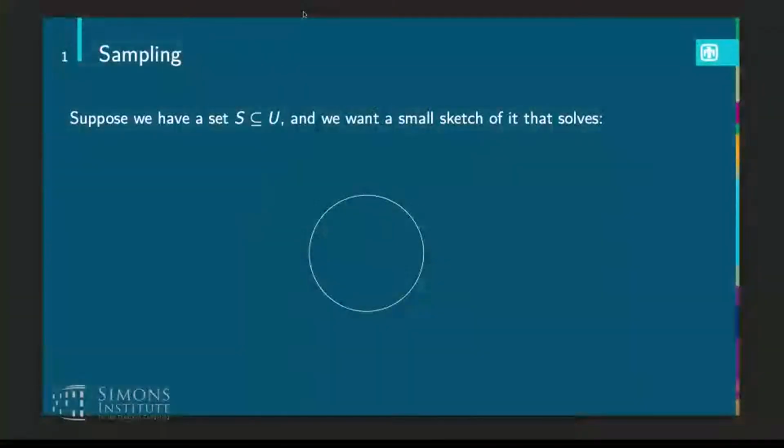And so I want to start by thinking about a very simple problem that you already know how to solve. And this problem is you have a set S living in some universe U, and you want a succinct sketch of S that solves the following two problems.